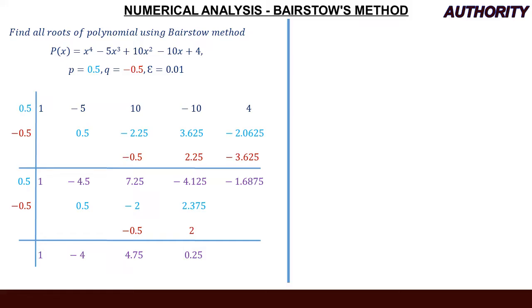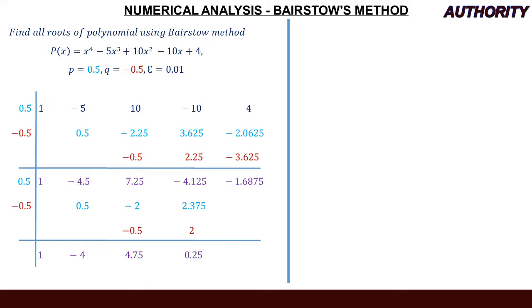Okay, we step backward again to minus 4.5. Minus 4.5 multiplied by q, minus 0.5, is going to give you 2.25. We add up: minus 10 plus 3.625 plus 2.25 is going to give us minus 4.125. Are we together? Yes. Now again, this minus 4.125 multiplied by p, which is 0.5, is going to give us minus 2.0625.